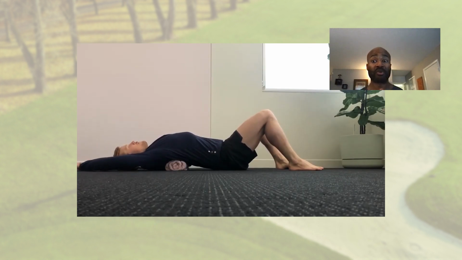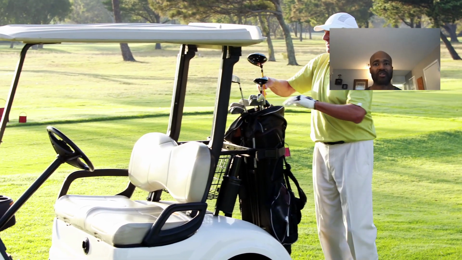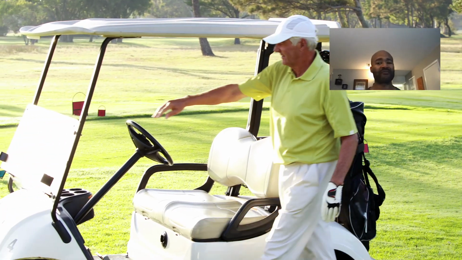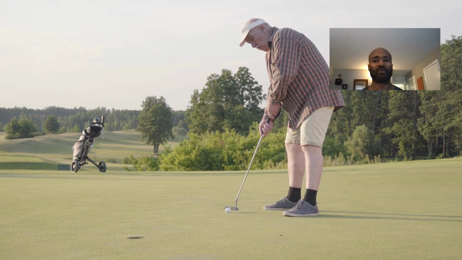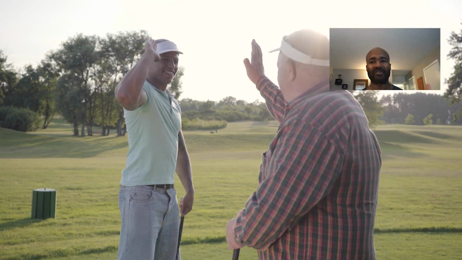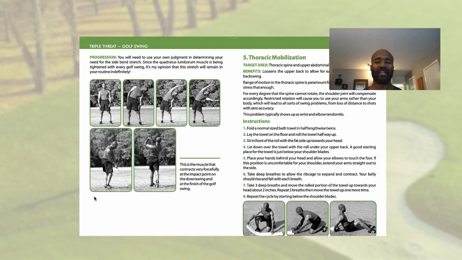Now, the thoracic mobilization, this one is huge. This one's almost like the bread and butter, especially for older golfers where you're suffering those orthopedic changes and things like that. This thoracic mobilization drill that's done with the towel, I've literally seen this one drill transform the bodies of 70-year-old players, and it literally changes the swing.